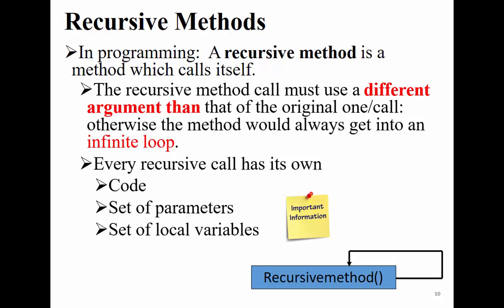If you keep these three things in your mind, you will be able to trace any recursive method. At each recursive call, we have a new version of the code, new arguments, and also a new set of local variables.